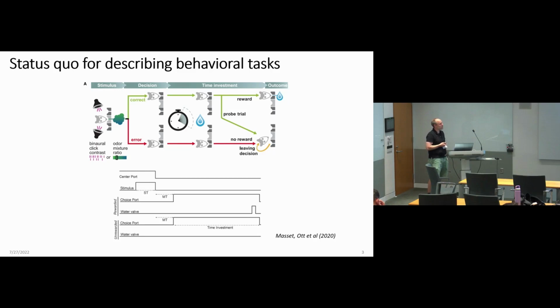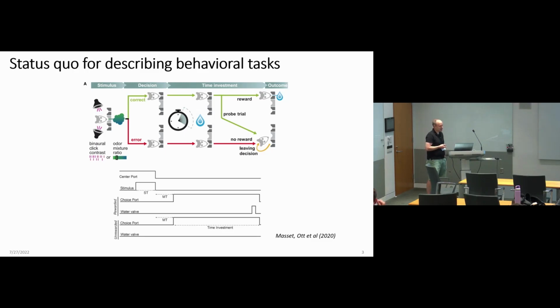If it was correct, it will be rewarded, otherwise it will not receive a reward and will lose the time it invested here. But as you can see, there are so many details in here that might be important for reproducing the task and for communicating it, that already in our lab we have the problem of how to communicate it in a lab meeting if you make tiny differences in here.